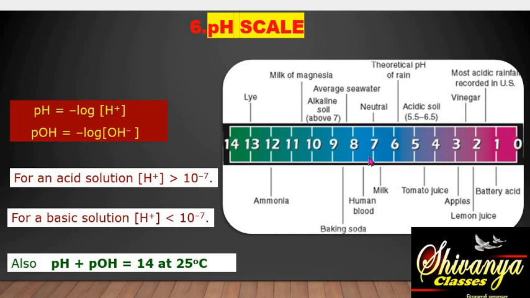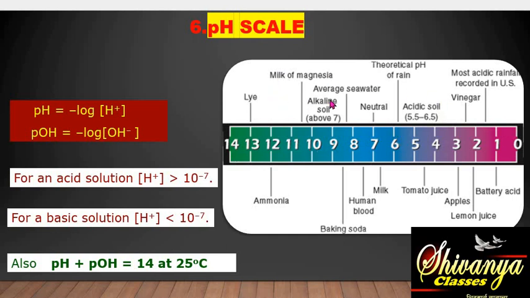So the concentrations of H plus and OH minus are equal. It means it is neutral. From 7 to 0, acidity increases, which means the concentration of H plus ion increases. From 7 to 14, it becomes basic, the concentration of H plus decreases and the concentration of OH minus ions increases.